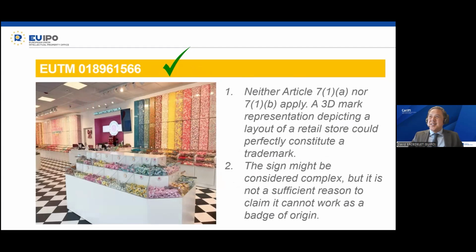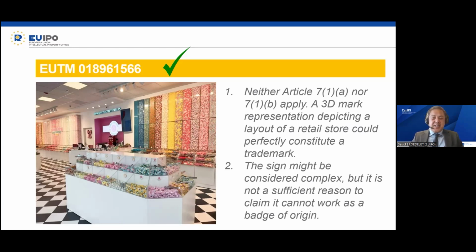In actual fact, it was decided that all these images together can be a trademark. You saw in the previous slide that I spoke about a legal department. This was actually consulted with the legal department to come to a decision. They concluded that we don't apply Article 71A and we don't apply Article 71B. Because 71A asks: can what we see be a trademark, yes or no?